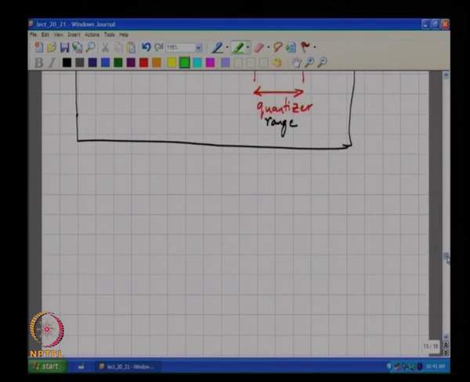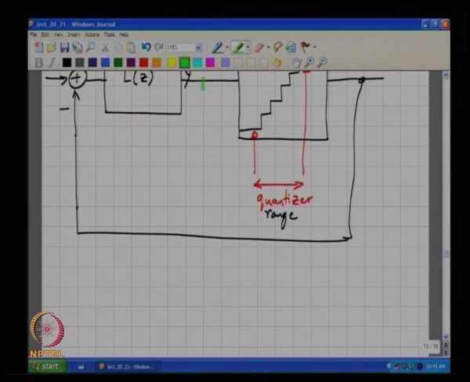So in other words, I understand that y is composed of two components. One is y dc, and why is y dc there? Because the input is dc. Y dc plus, let me call this n1, where n1 corresponds to the shaped quantization noise which is floating around in the loop, correct.